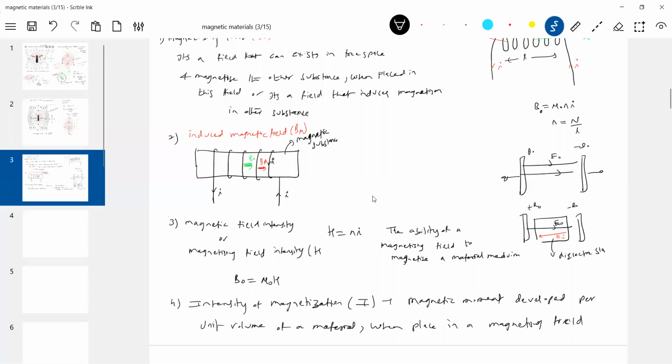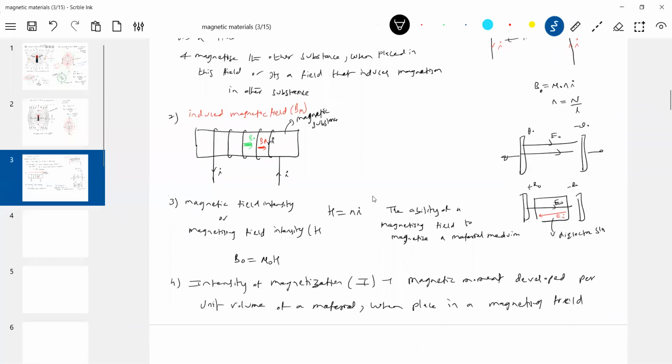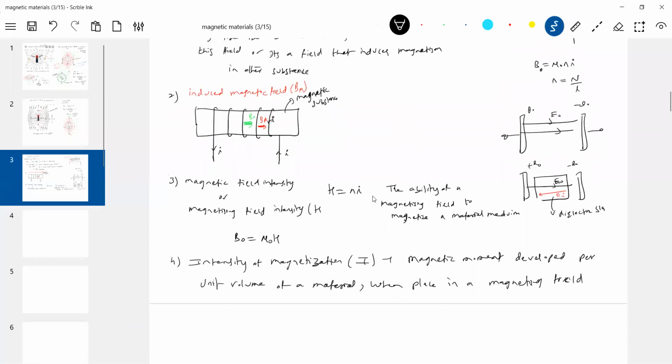This is called the intensity of magnetization. So then what is the dipole moment? Now what is this particular material made up of? Total magnetic moment. This intensity of magnetization is the magnetic moment per unit volume.